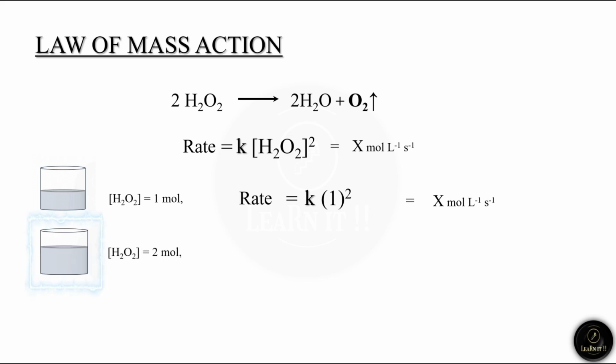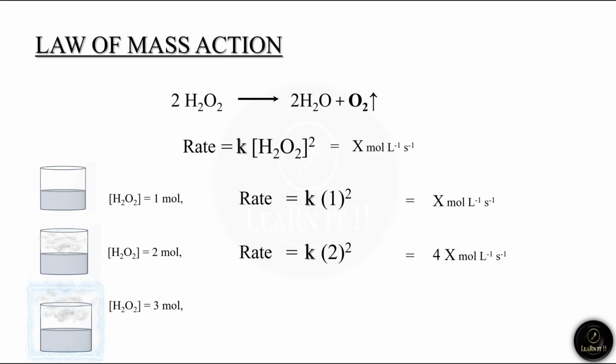If we take 2 moles of hydrogen peroxide, then rate is equal to K into 2 square, that is equal to 4 times the x moles per liter per second. So if we double the concentration of the reactant, that is hydrogen peroxide, then the speed or rate of reaction increases by 4 times.